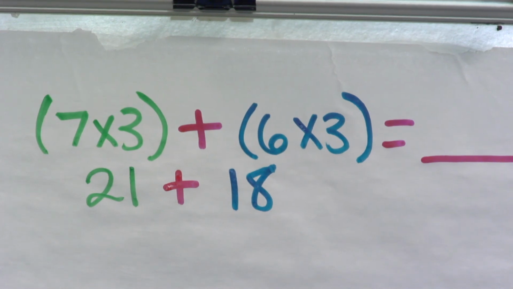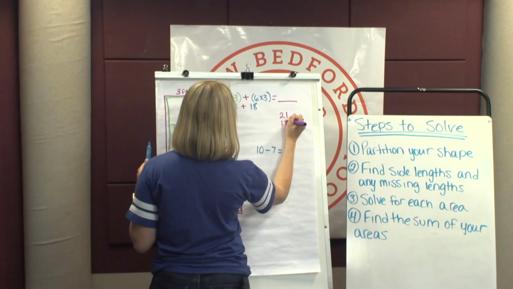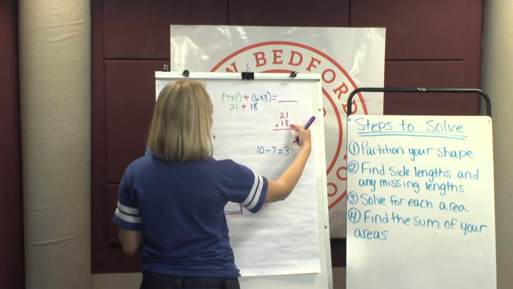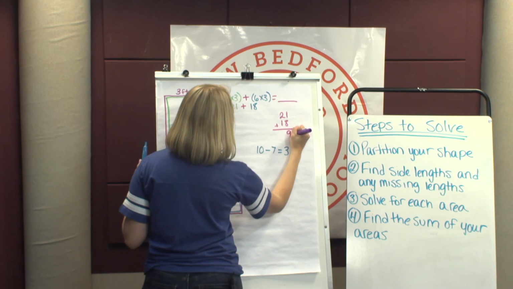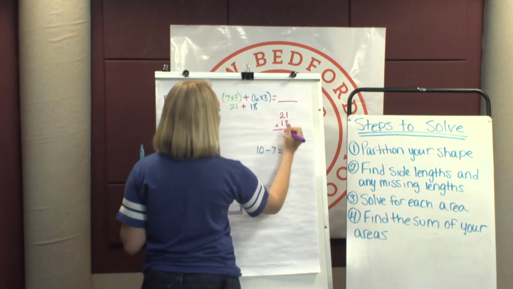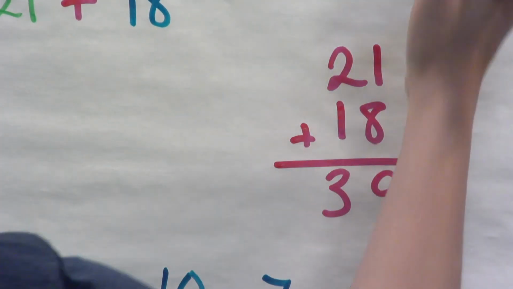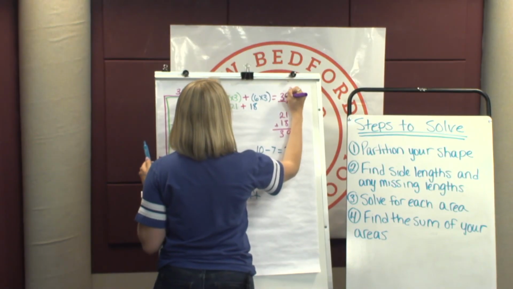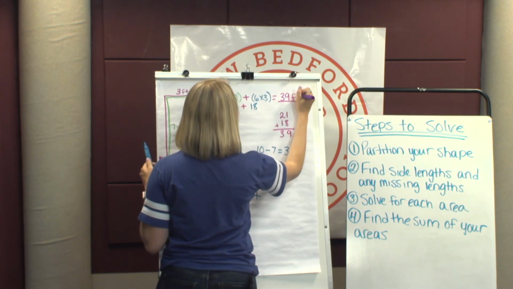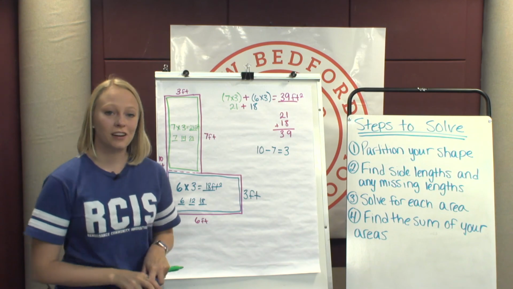Then I'm going to go over to the side and add them using my stacking method. I have 8 plus 1 gives me 9. And then I'm going to add my 2 10s and my 1 10 to get 39. So my answer is 39 feet squared.